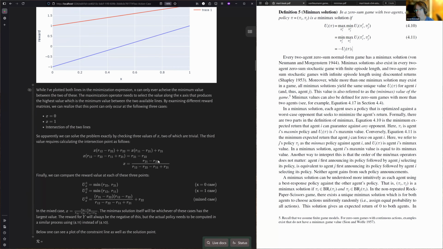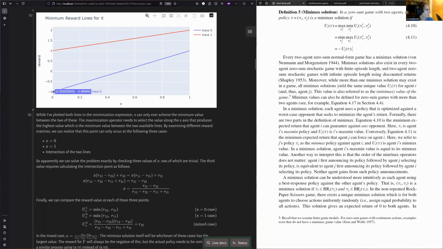I don't know. If you have two lines, you could check the value at x equals 0 of the two lines. Like, these two lines intersect, right? But they intersect outside of the bounds.